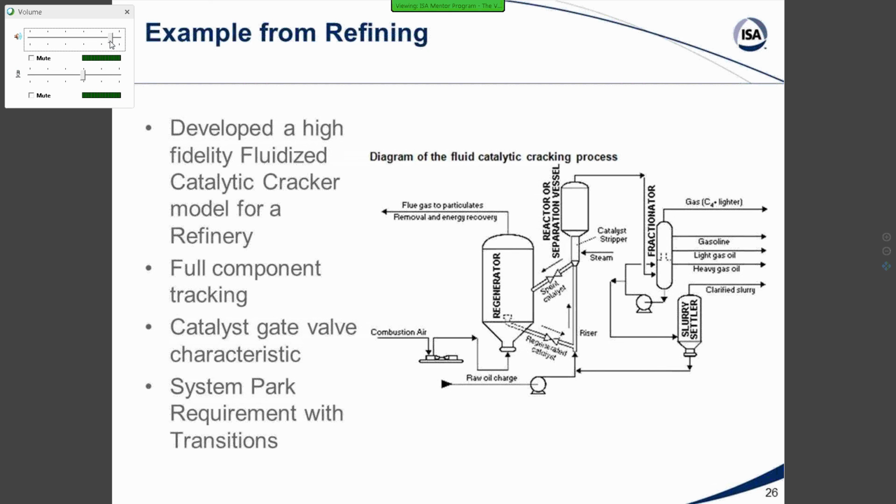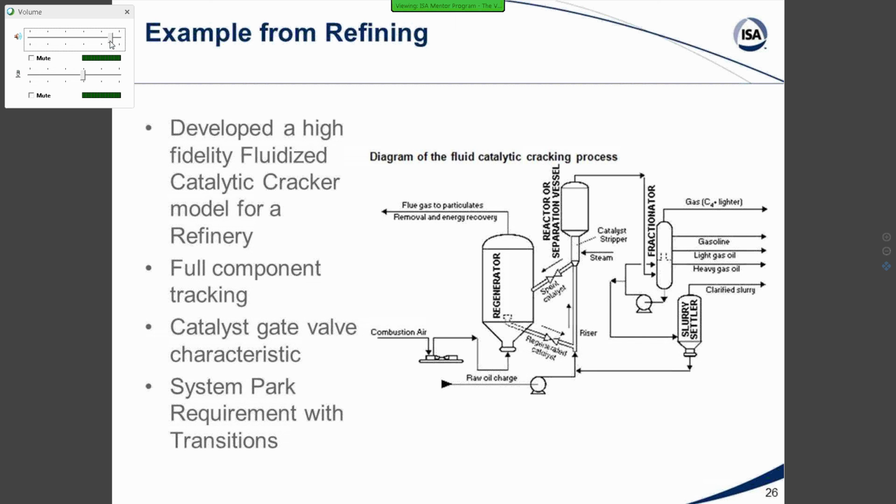So some of the high fidelity modeling that went into this was, of course, getting those reactors to react appropriately. And then also, for example, we were talking about valve characteristics. We added these to the valves in between our reactor vessel and our regenerator.